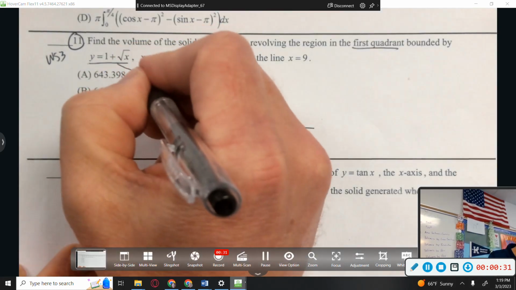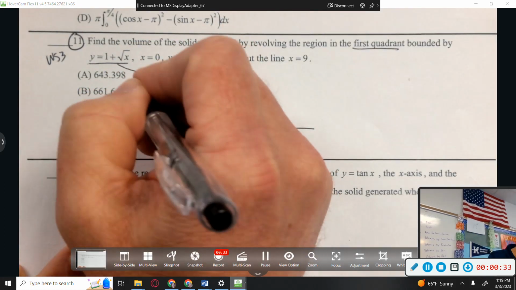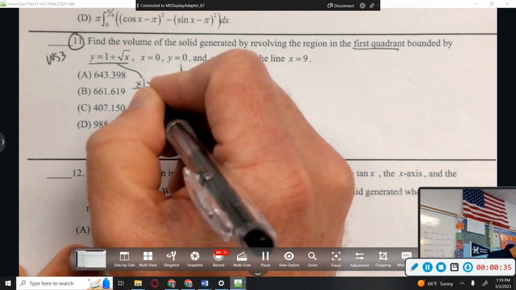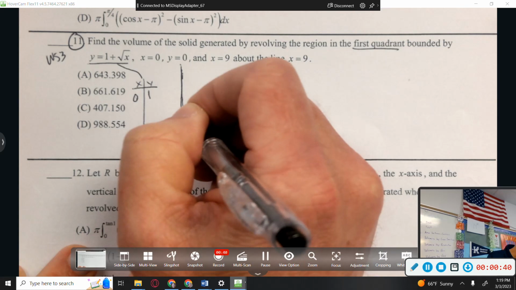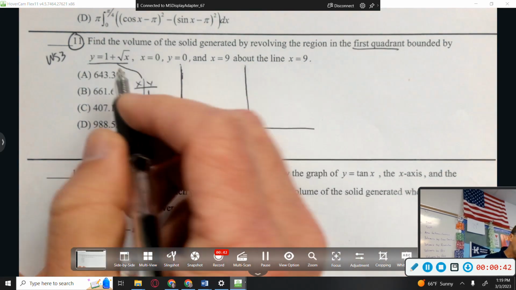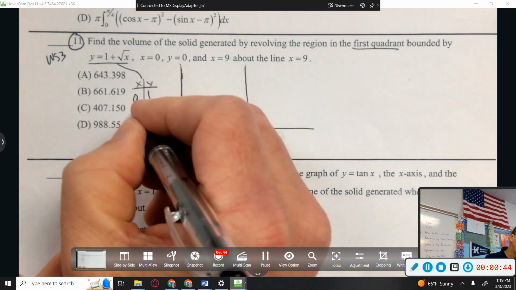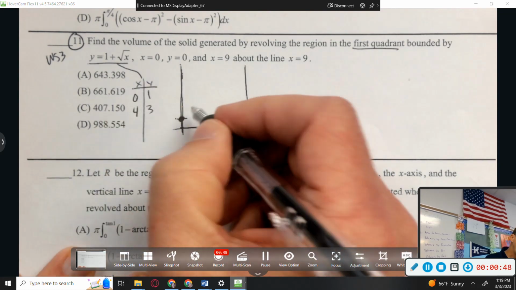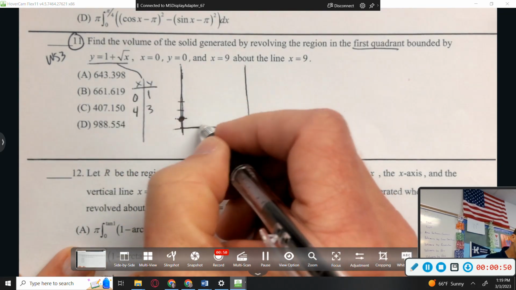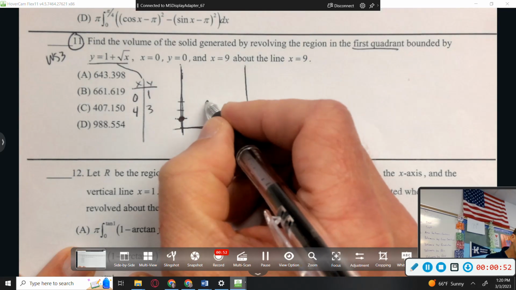So that thing is maybe a little bit weird, but I can plug in some key values here. If I plug in 0, I get 1. If I plug in 4, that'd be my next one I'd want to plug in, I'd get 3. 4 would be about right there.